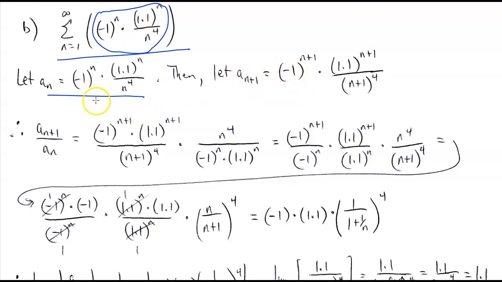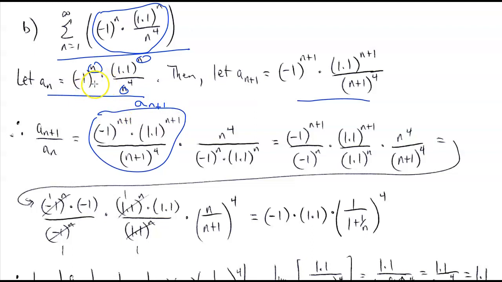The a sub n plus 1, everywhere where we see n here, here, and here, we just let it be n plus 1, and then we figure out what this is going to look like. Okay, so we take what the a sub n plus 1 is, which is this, divided by the a sub n, and of course here, this is the a sub n plus 1 part here.